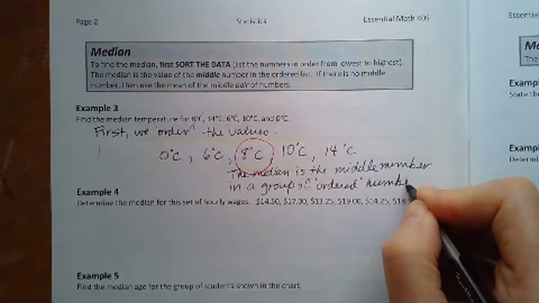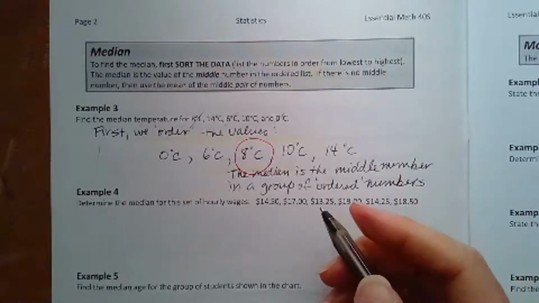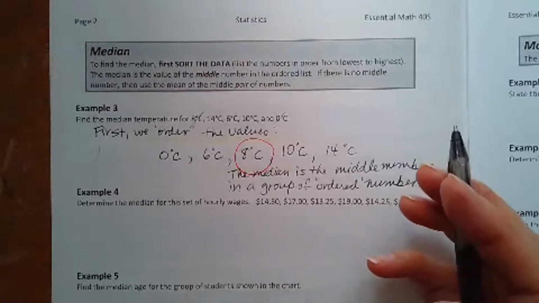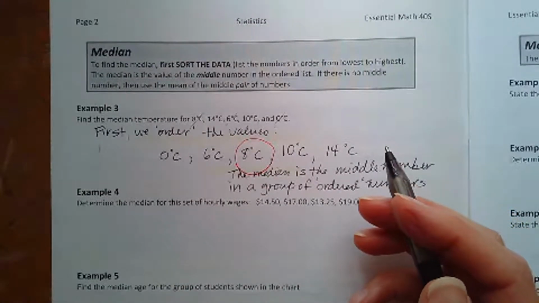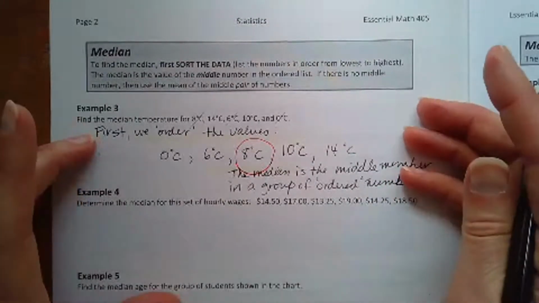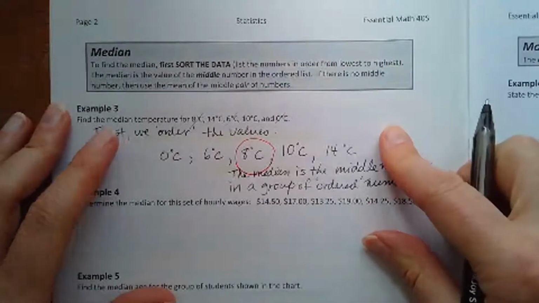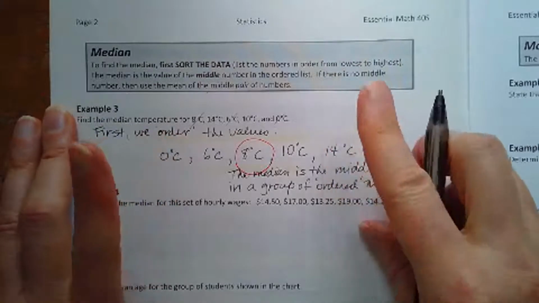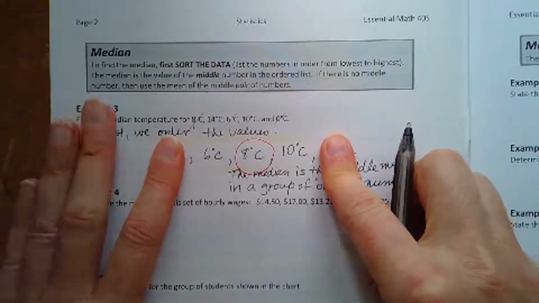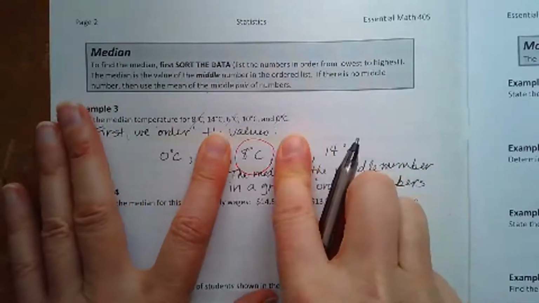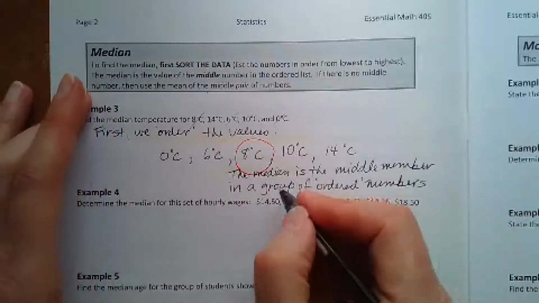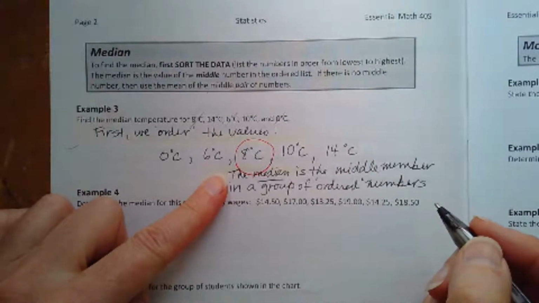So the word ordered means they're put in order. If you've got a really huge list of numbers and you don't know if it's an odd or even number, you can start at the ends and put your fingers over the 2 end numbers and say, okay, these 2 pair up, these 2 pair up, and it's the value without a partner. That's your median. So the median is 8 degrees Celsius.